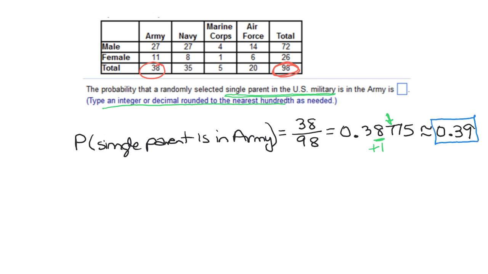Right, so the probability of a single parent that is in the Army is, in decimal form, 39 hundredths, or 39% if you'd like to see it that way. This concludes your lecture on 11.4.